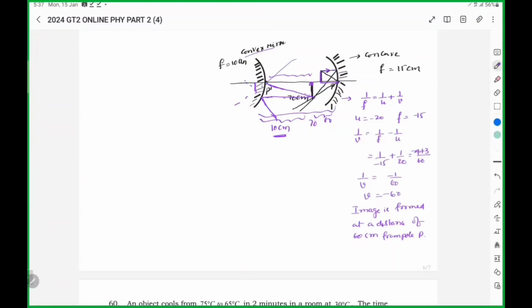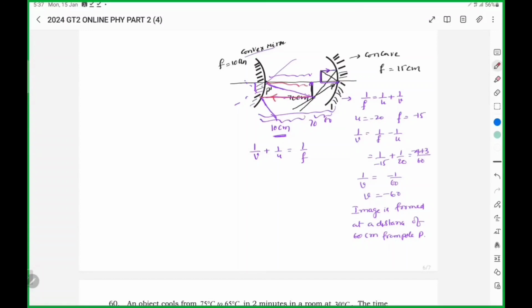Now with respect to the convex mirror, again I am writing the same mirror formula. Here the light rays are traveling towards the left.